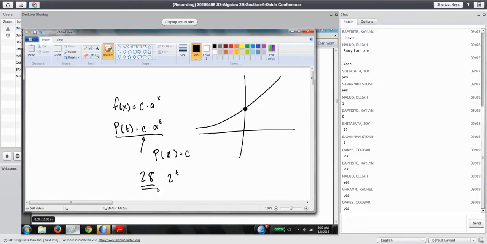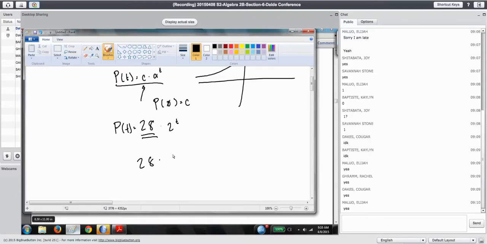The way I would do that is, they told us that the size of the plant is 28 times 2 to the T, and we're waiting for today, since 1990. Since today is 2015, we're talking about raising it to the 25th power. So it's 28 times 2 to the 25th power. That's going to be a huge number.